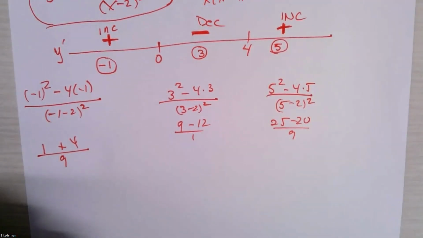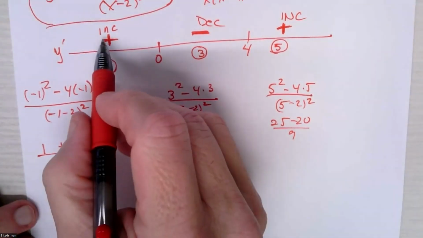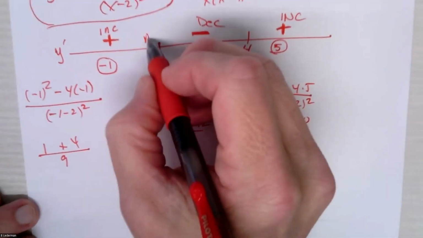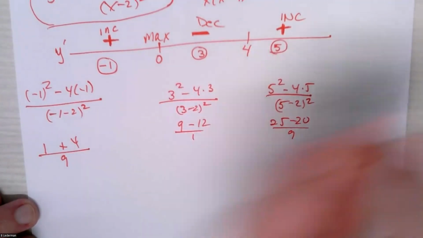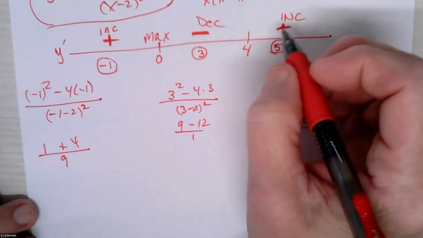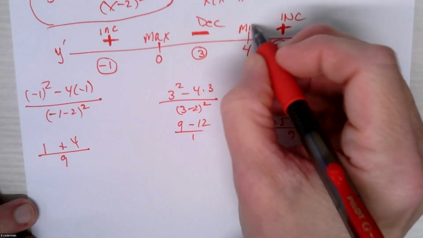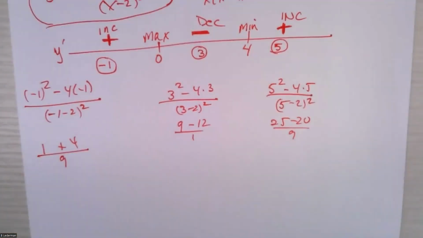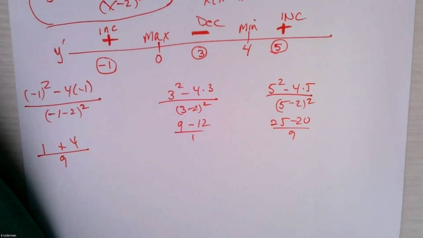If it's increasing and then decreasing, that means this is a max. And if it's decreasing and then increasing, going from negative to positive, then this is a min. So we have a max at x equals 0, a min at x equals 4. It looks like it's increasing, then decreasing, and looks pretty good here.